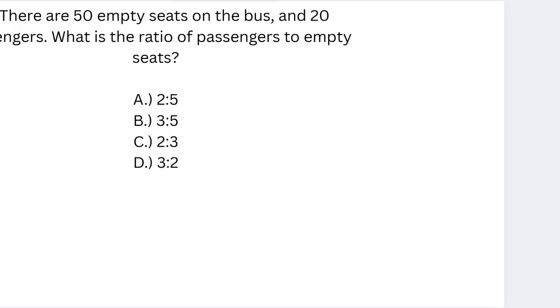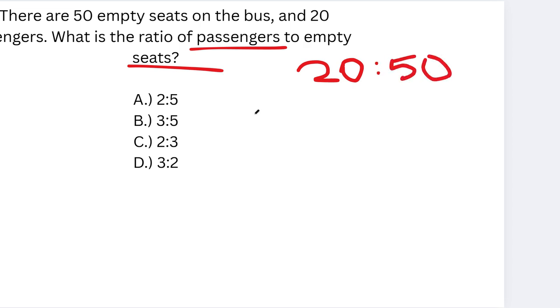Lastly, number 6. There are 50 empty seats on the bus and 20 passengers. What is the ratio of passengers to empty seats? The ratio of passengers to empty seats is 20 to 50, since there are 20 passengers and 50 empty seats.